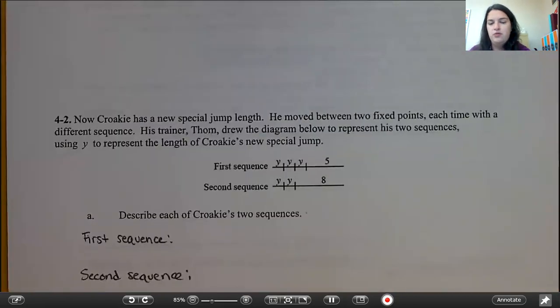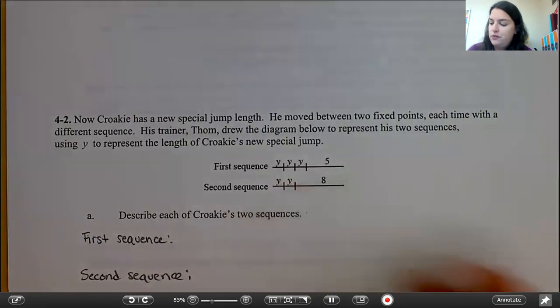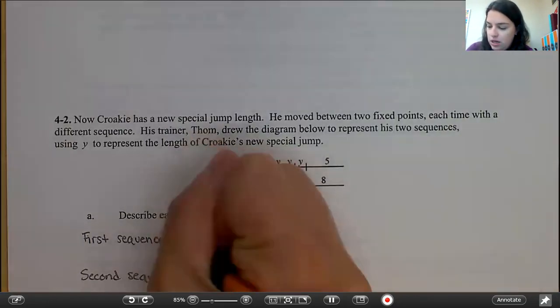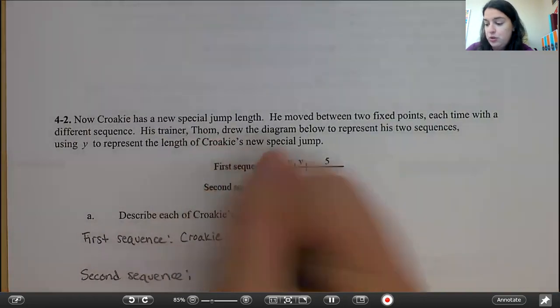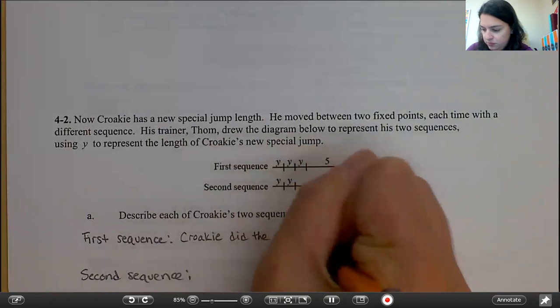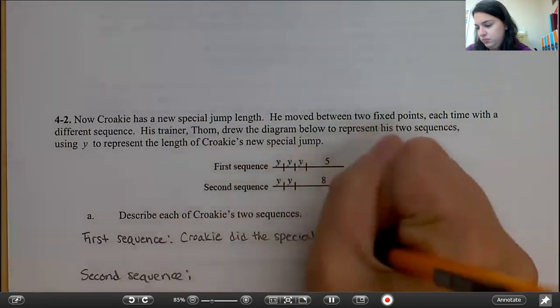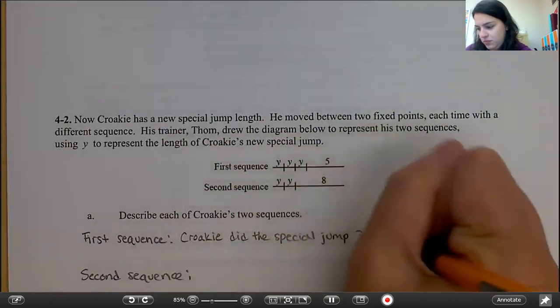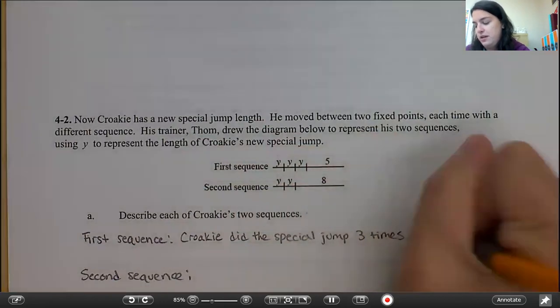Okay, if you're back with me, you have described these two sequences. Hopefully you said something along the lines that for the first sequence, Croaky did the special jump 3 times, then jumped 5 feet.